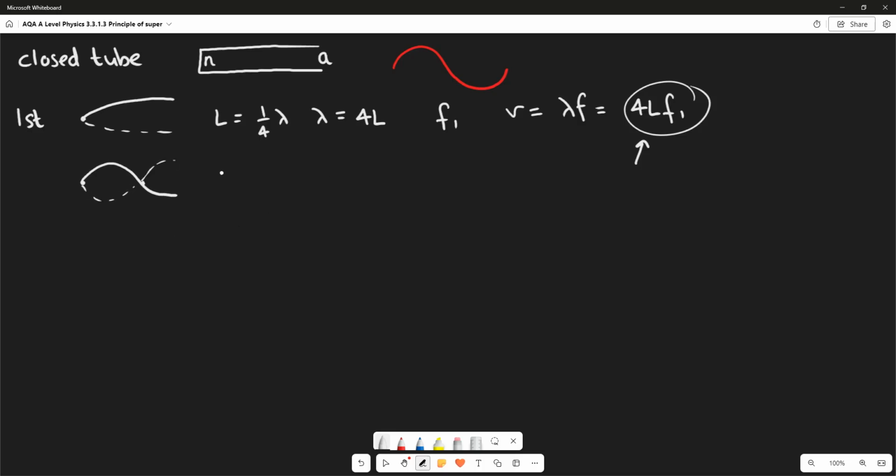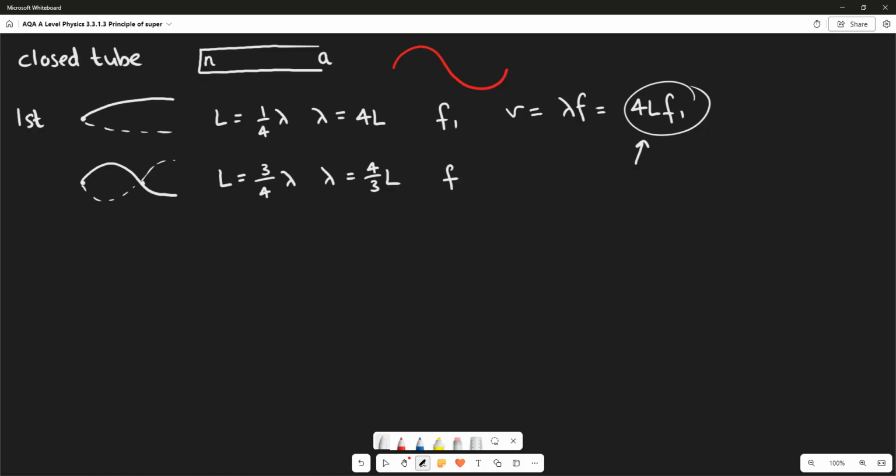So that is the next most complex standing wave that we can get. And the length, this is one loop and then down to the antinode. So this is 3/4 of a wavelength, which can be written in terms of the wavelength as being 4/3 of the length.